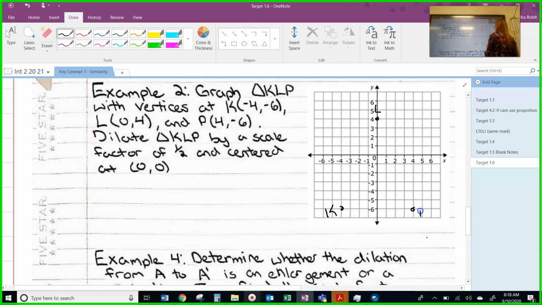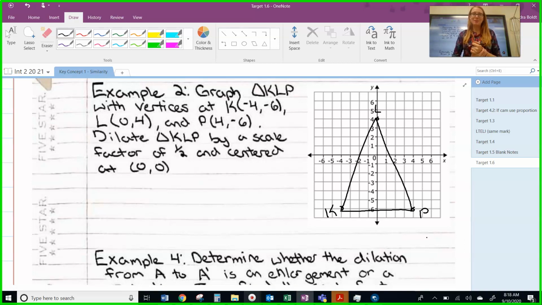And that is P. The last thing I should do is this is triangle KLP. This isn't 3 separate points, K, L, and P. This is triangle KLP. So make sure when you're doing these that you do actually create the triangle at the end.